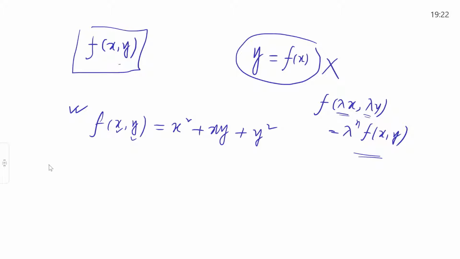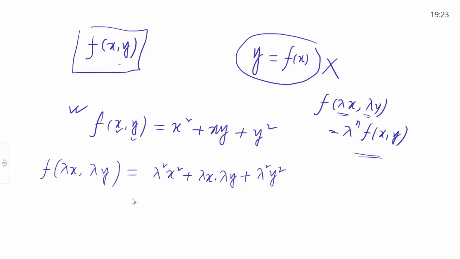So I write f of lambda x, lambda y. Then the right hand side will be lambda square x square plus lambda x into lambda y plus lambda square y square, isn't it? I can take lambda square common here, then it will be x square plus x y plus y square.